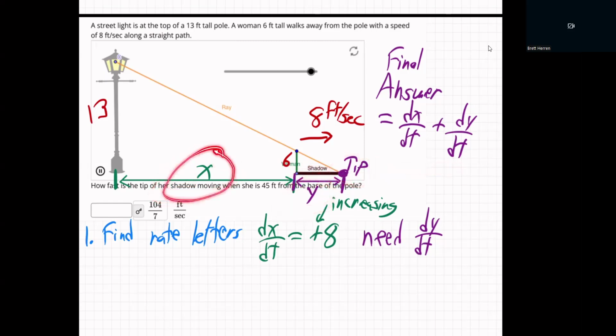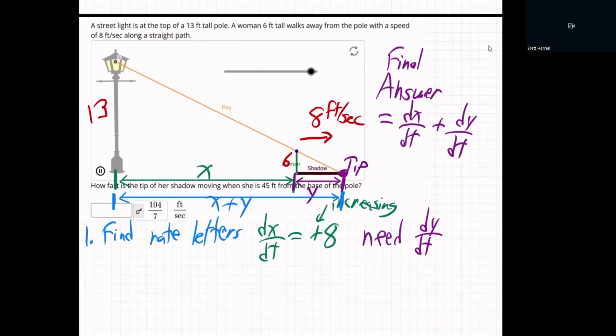The growing of her distance from the lamp plus the growing of her shadow is how far all the way out to the tip of her shadow. Maybe I should show it that way. If I go from here all the way to there, that's what?